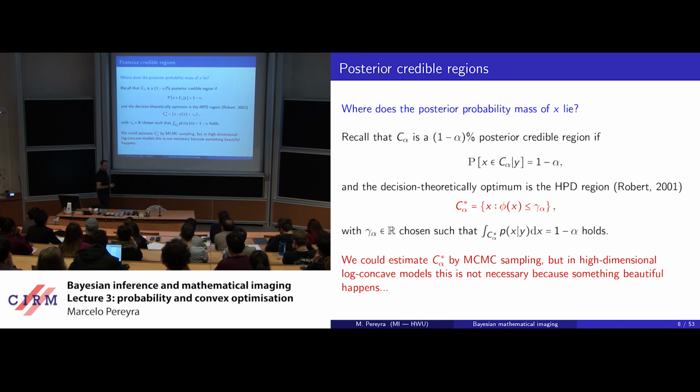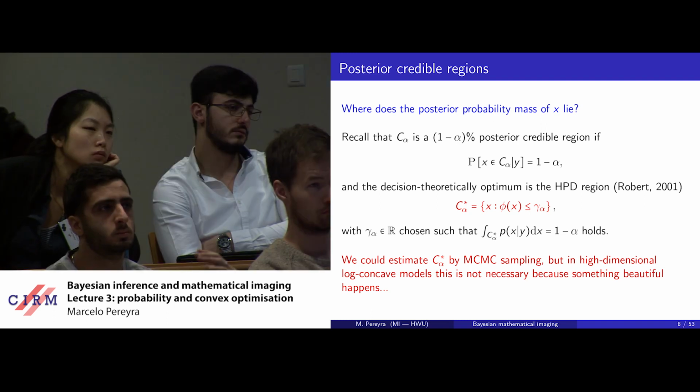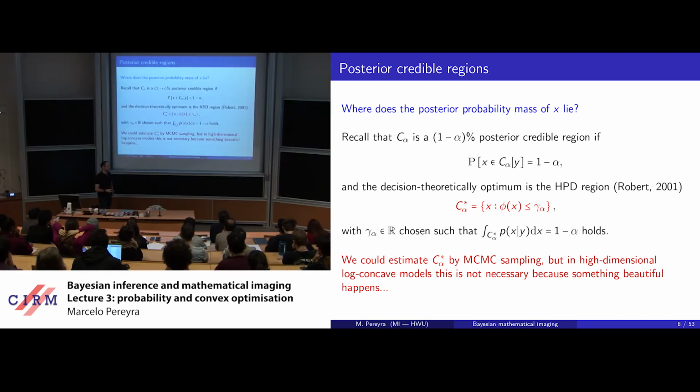And we said there's an infinite number of ways of slicing the parameter space to get a set that covers 99% probability. But there's one that is good in many ways. It is optimal in a decision theoretic sense. It's also practical because I can write it down, which is the high posterior density region. And that's just taking your cost function and slicing it at a certain level.